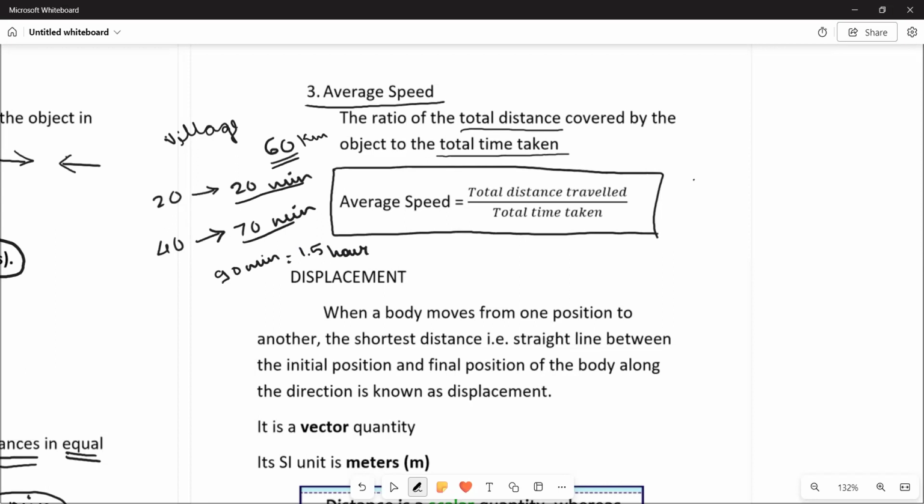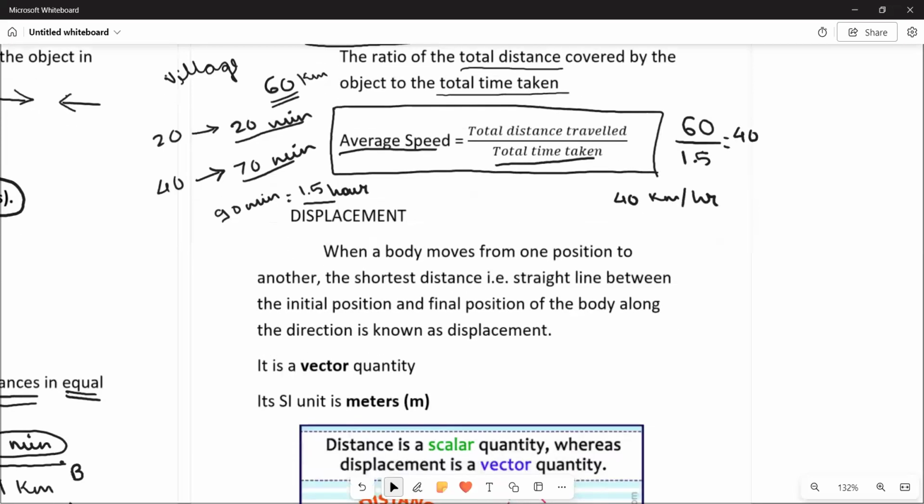So to calculate the average speed, we'll take 60 in our numerator, and the total time taken, 1.5 hours, in the denominator. When we divide 60 by 1.5, we get the answer 40, and our average speed comes out to be 40 kilometers per hour. Okay, so in this way we calculate the average speed of any object.